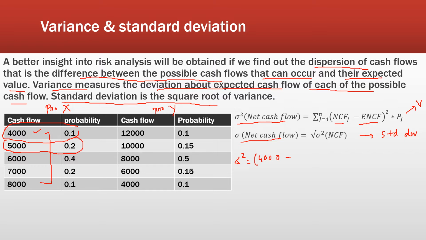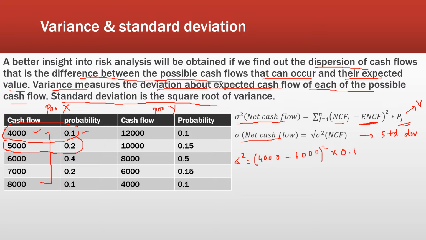So our average is 6000. So 4000 minus 6000, the expected net cash flow, whole square into the probability. When it was 4000, the probability is 0.1, right?